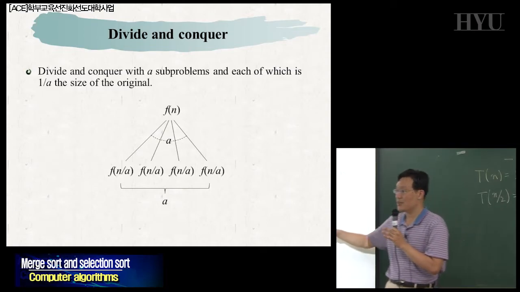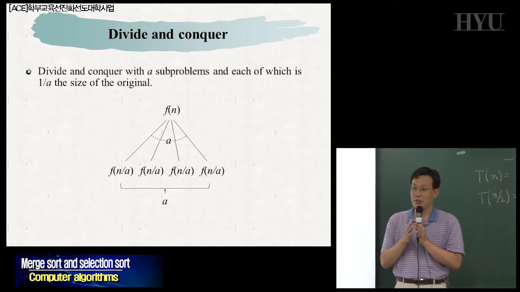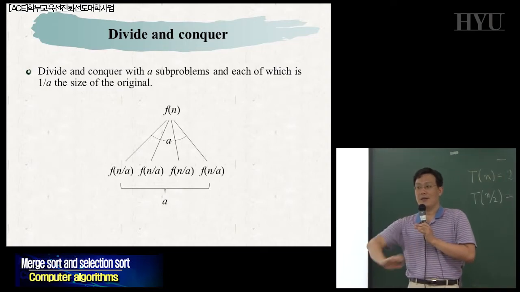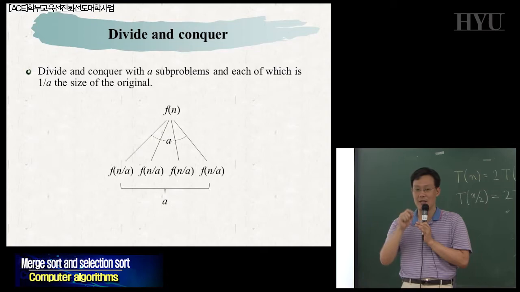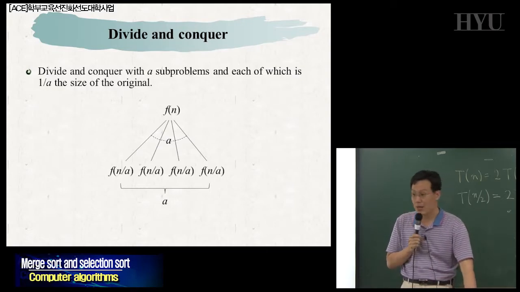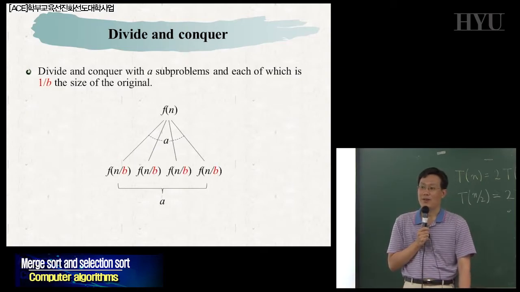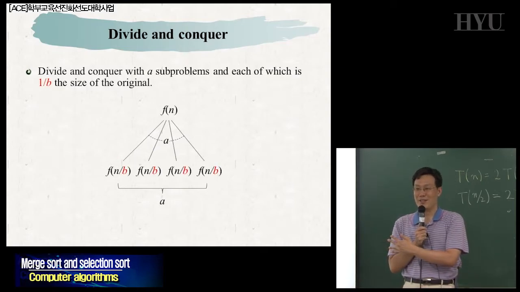So if a is 7, there are 7 problems, and each subproblem has size n over 7. It's possible. Even this is possible.